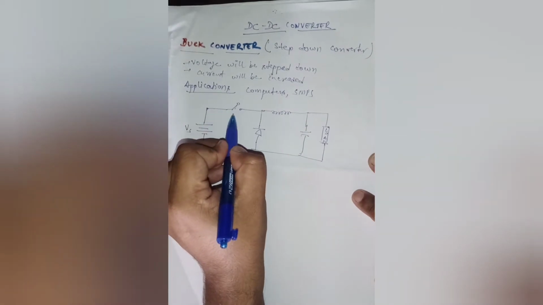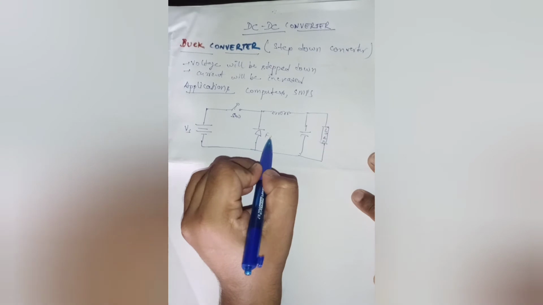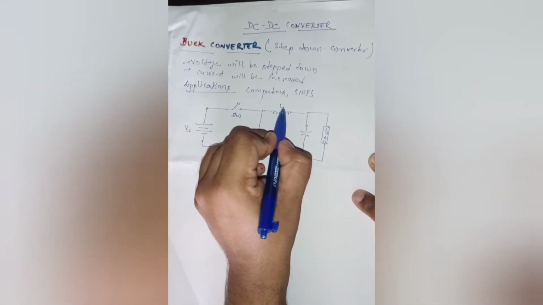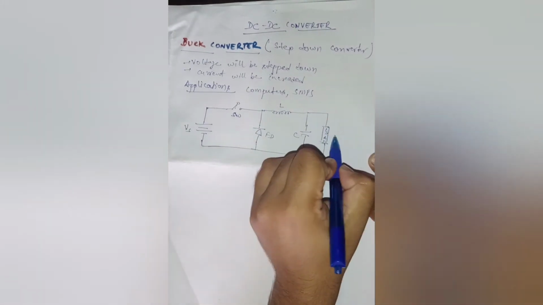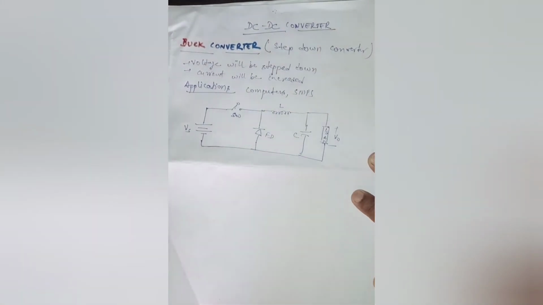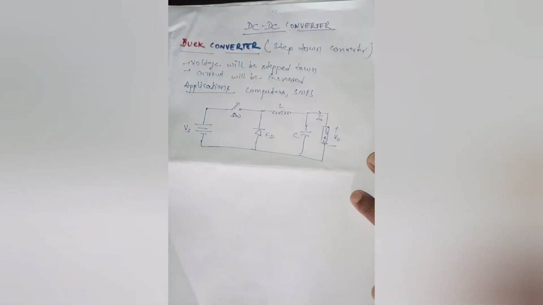This is the switch, this is the freewheeling diode, this is the inductor, this is the capacitor, and this is the load. Output voltage we will be getting across the load, and here the output current will be flowing.